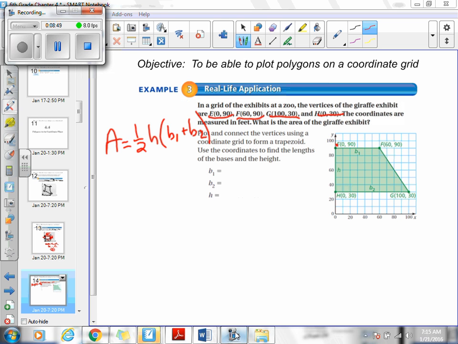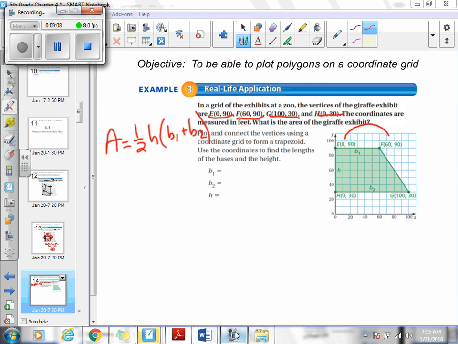Okay, so we're going to look from point E to point F to find the length of base 1 up there. Since the Y number does not change, 90 is not changing at all, so we're not going to worry about that.